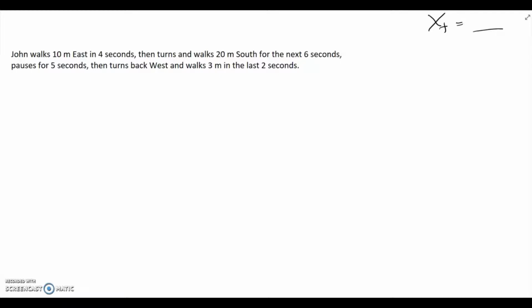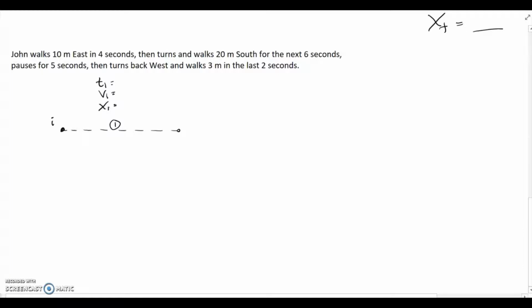So let's look at where he starts. Let's start him here. This is his starting position. He's going to walk east for 4 seconds, a distance of 10 meters, and he's going to be right here. We're going to call this section 1, and we can set up a table here. We have a time for 1, a velocity for 1, and a position for 1.